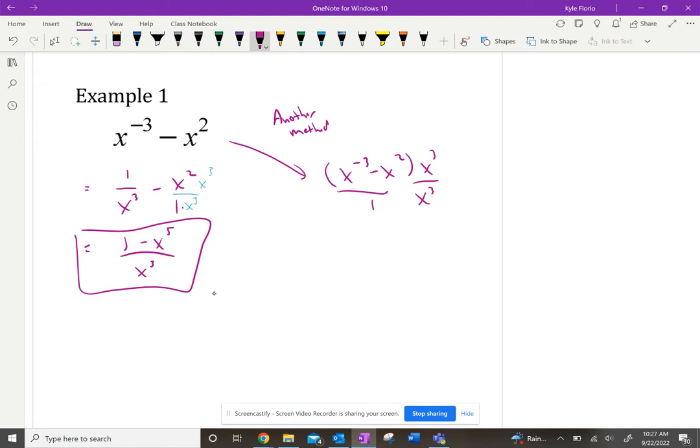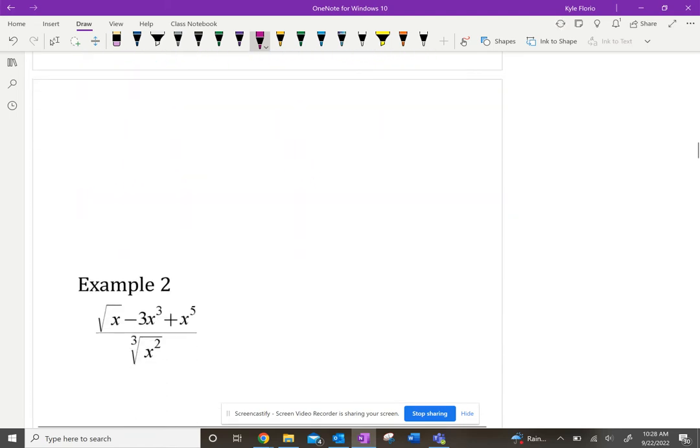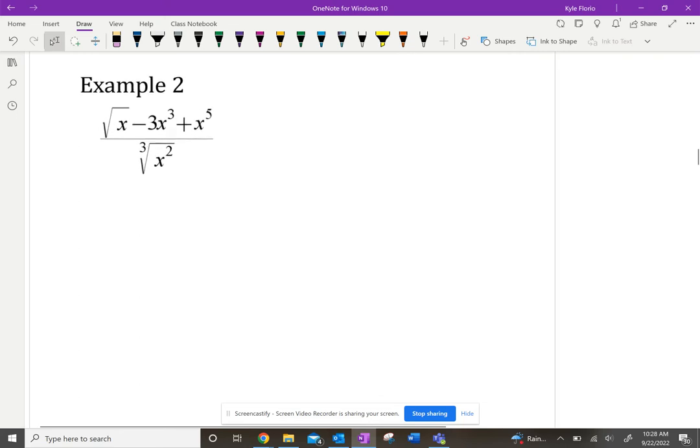So then the bottom is just going to be x cubed. x cubed times x to the negative 3 would be x to the 0, and x to the 0 is really just 1. And x cubed times x squared is just x to the 5th. So you get the same answer as we did over here. So the same idea, but just thinking about it differently. Again, just getting comfortable with the algebra.